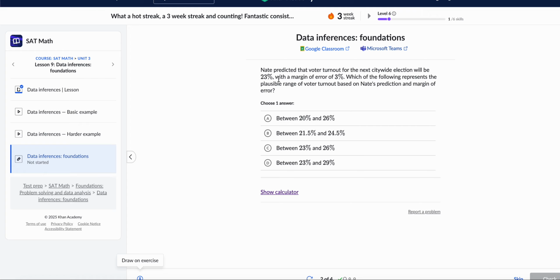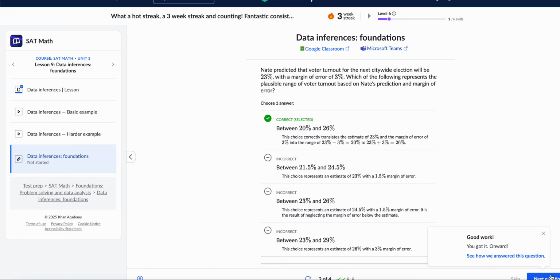So Nate's prediction is 23%, and margin of error is 3%. Margin of error basically says it can be 3% more than the prediction or 3% less, so plus or minus. 3% more than 23 is 26, and 3% less than 23 is 20. So it should be between 20 and 26.